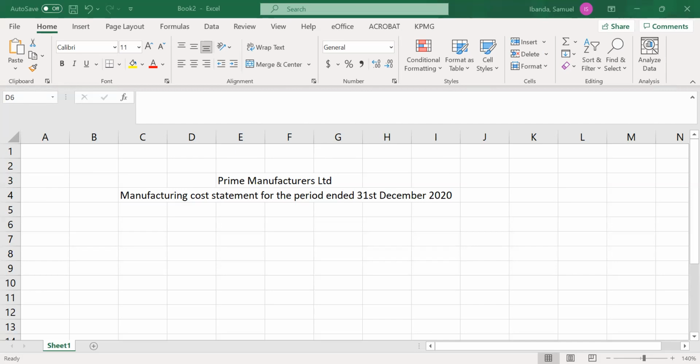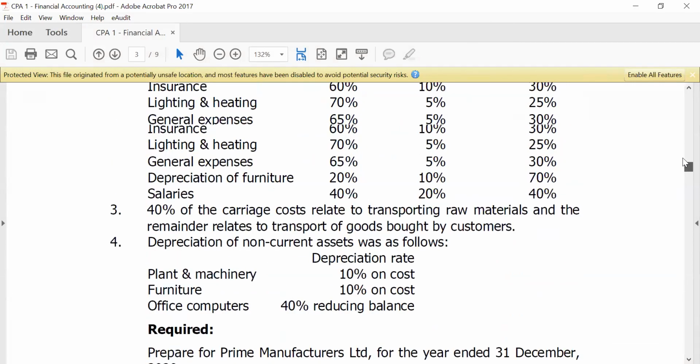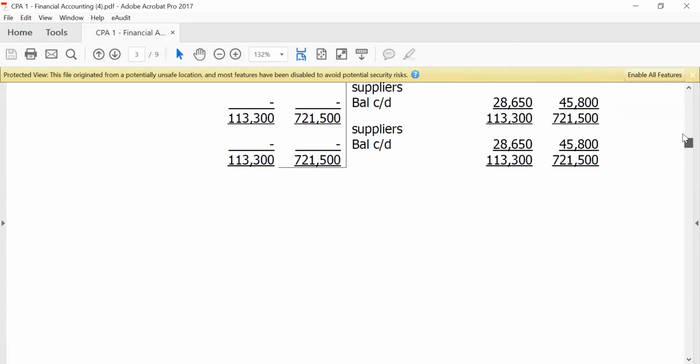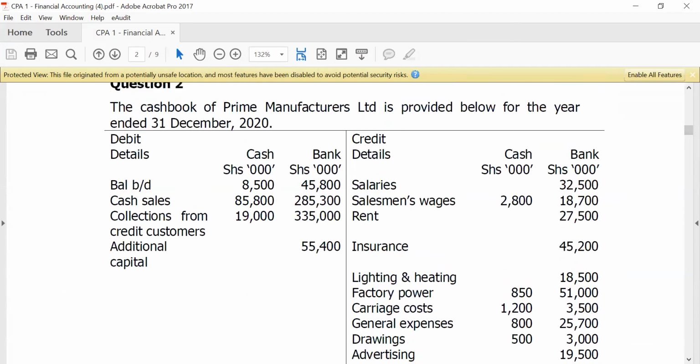So back to our question, and then we are now going to look for information that goes in our manufacturing cost statement. And we are going to start from up here. So you always ask yourself, what are some of those different components that go under my so-called manufacturing cost statement?